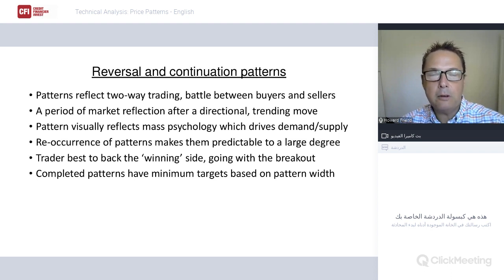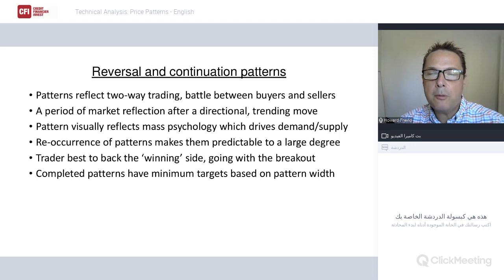I'll be talking about a range of these patterns which have been used for many years, decades, by technicians and traders to give them an idea about directional bias for a particular market. So they're typically a period of market reflection after a directional or a trending move.